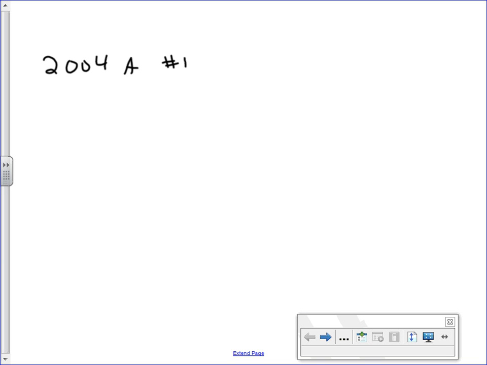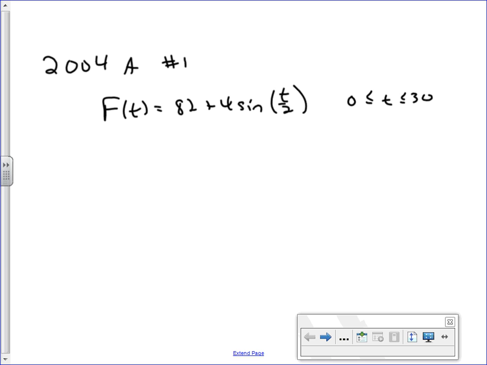The first thing you need to do is just read it. The samples I've given you, 1, 2, and 3, are with the calculator.